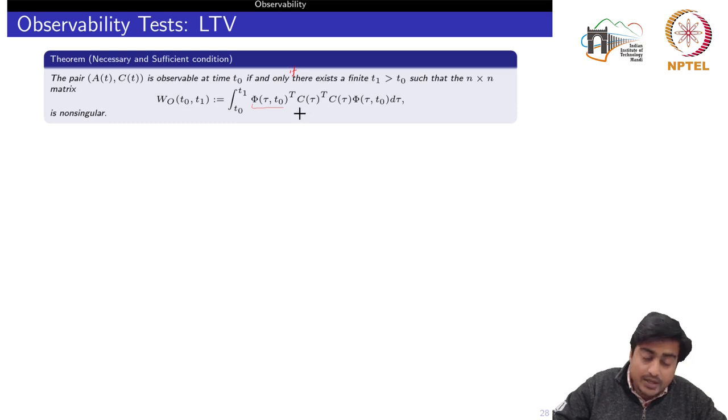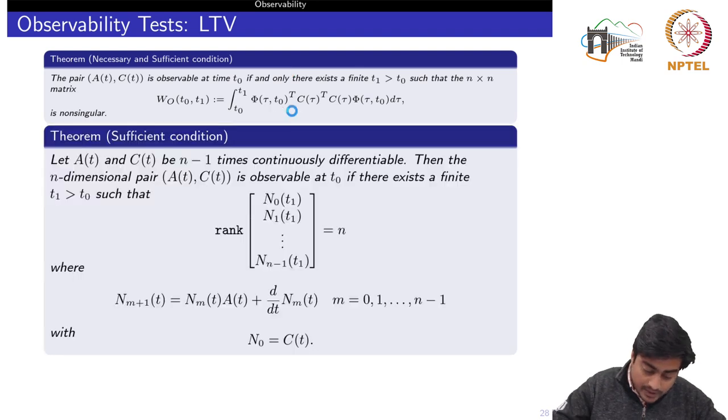If you recall, for analyzing the controllability of the LTV system, we took a different approach and defined only a sufficient condition. Similarly, we can define it in a similar way for observability. Let A and C be n minus 1 times continuously differentiable. Then the n-dimensional pair AC is observable at T0 if there exists a finite T1 such that the rank of this matrix is equal to n.